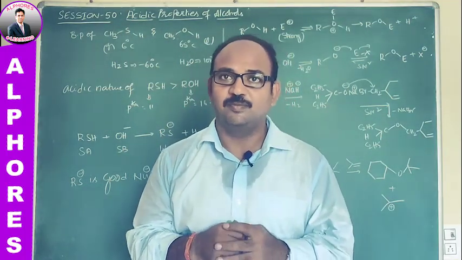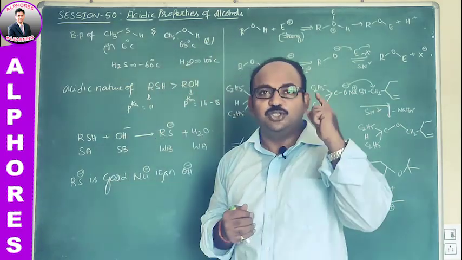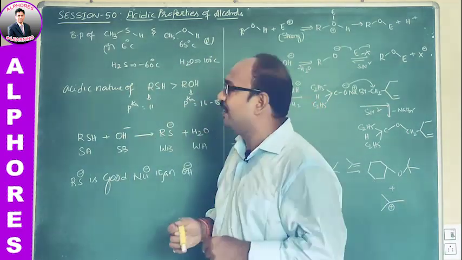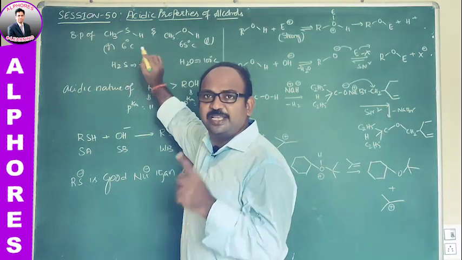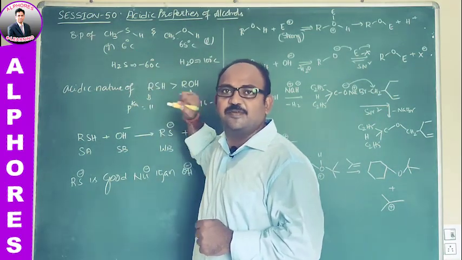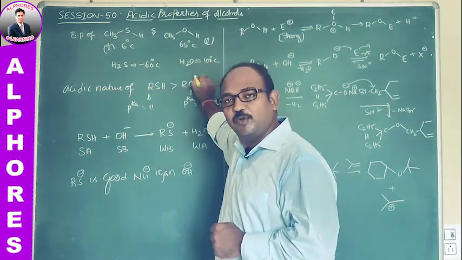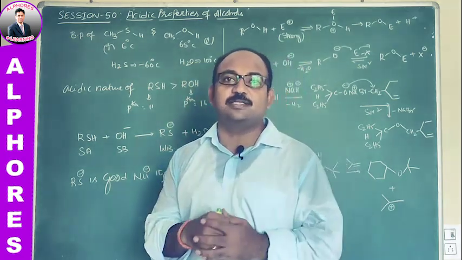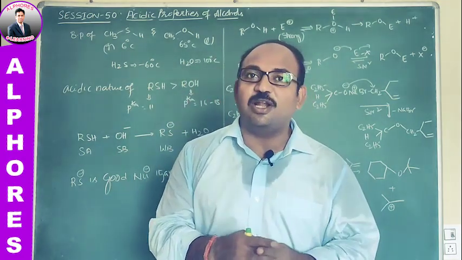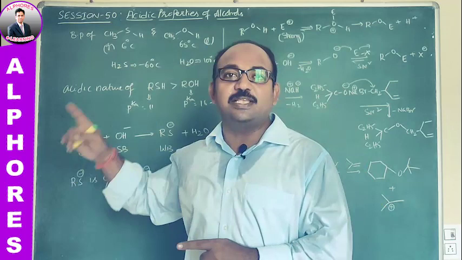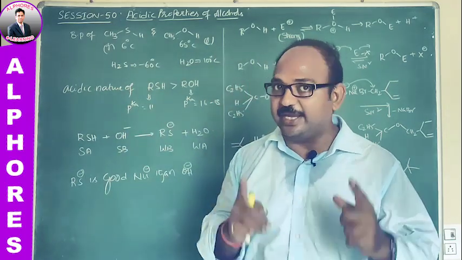Before discussing that, first you need to recollect some information. H2S boiling point is minus 60 degrees Celsius, whereas H2O boiling point is 100 degrees Celsius. H2S molecular weight is 34, whereas H2O molecular weight is 18.